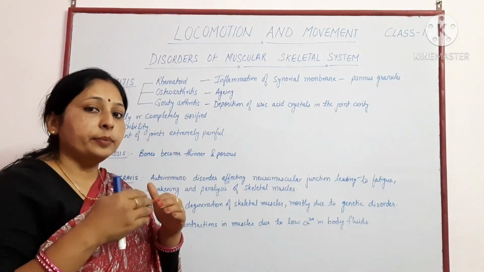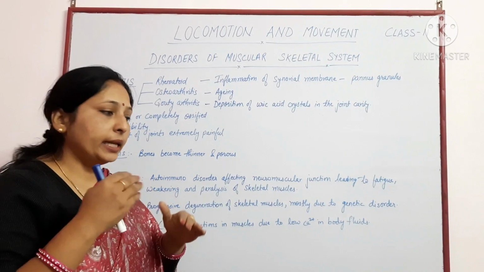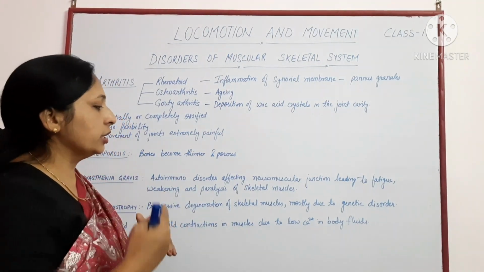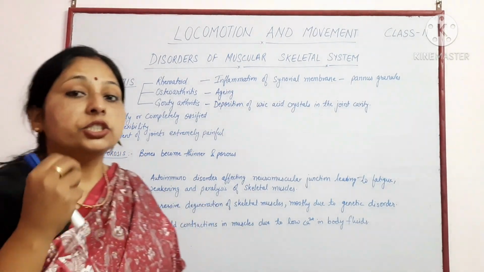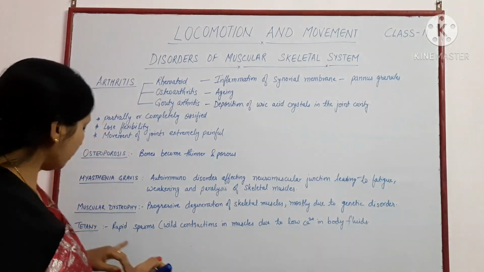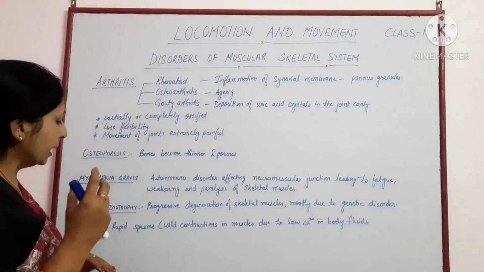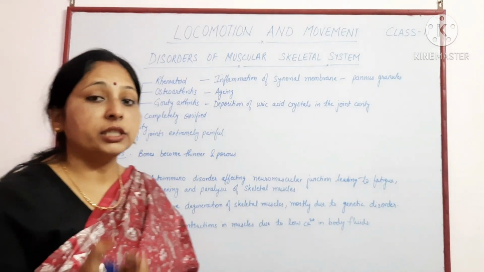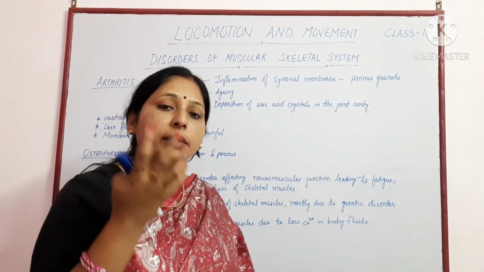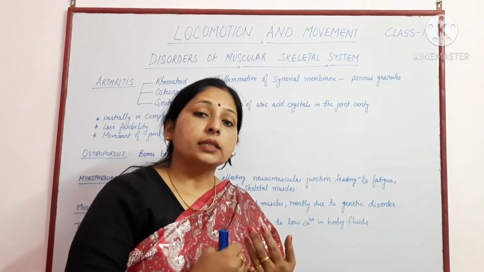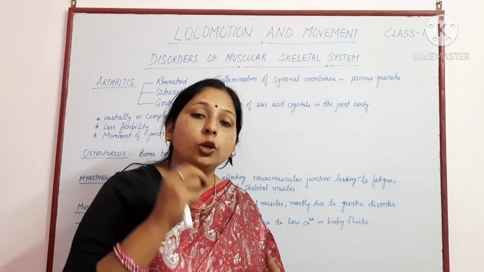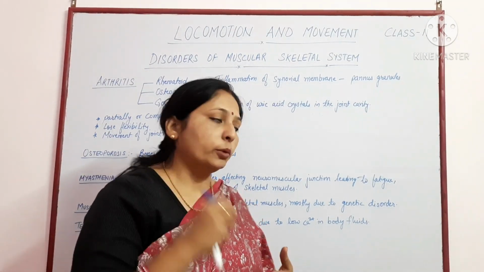The skeletal muscles degenerate day by day, and that progressive degeneration is a genetic disorder. Tetany is the rapid spasm, wild contraction in the muscles, and the reason for this is low calcium content of the body fluid.